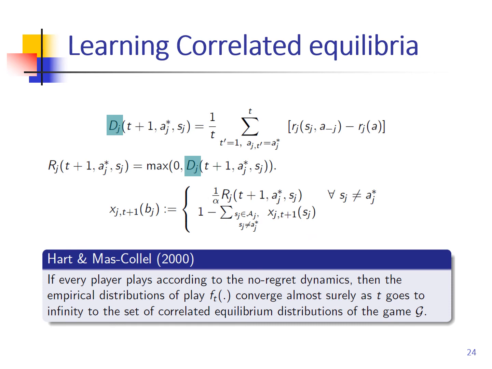Now we want to also see how to learn this correlated equilibrium. So how do we do that? Here, this is the same notation as previously introduced. I'm interested in the regret of player J. So how do you write down this regret?